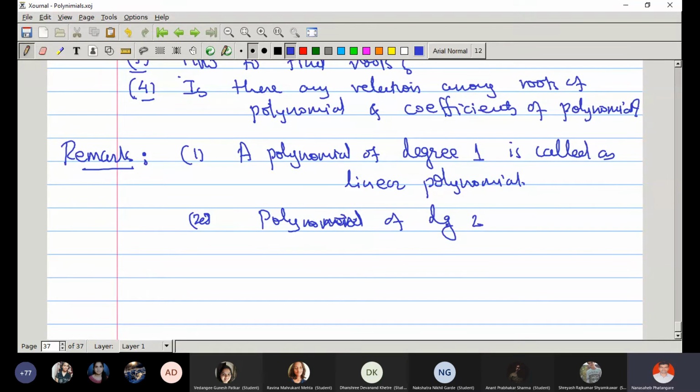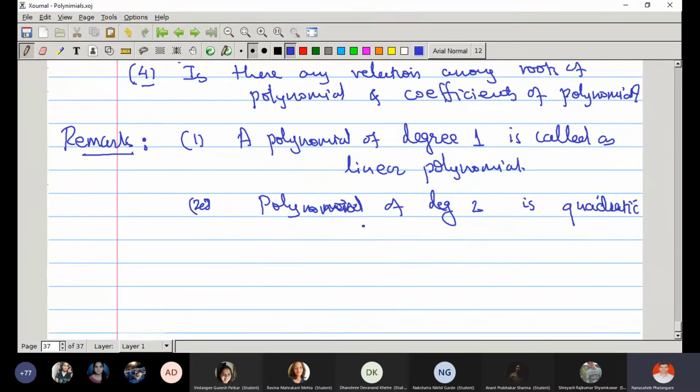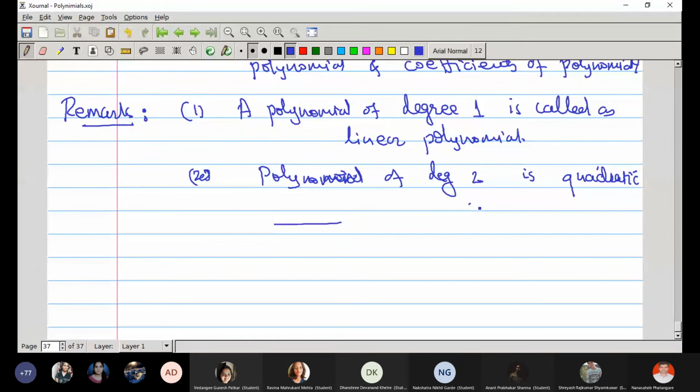And a polynomial of degree 3 is called cubic. A polynomial of degree 4 is called a quartic polynomial. A polynomial of degree 5 is called a quintic polynomial.